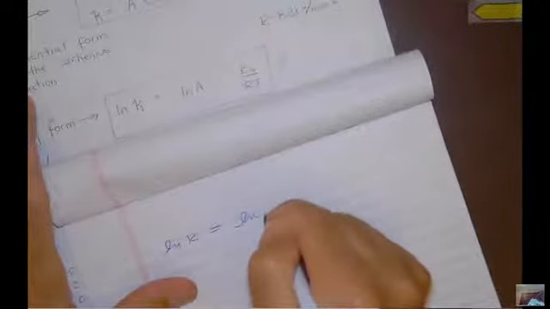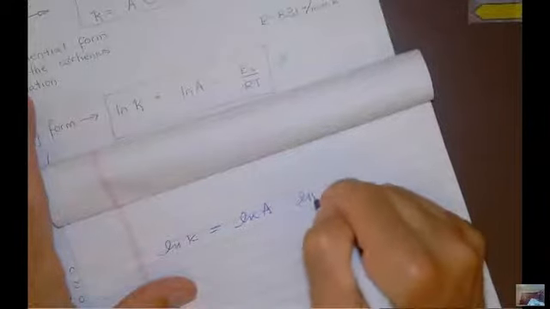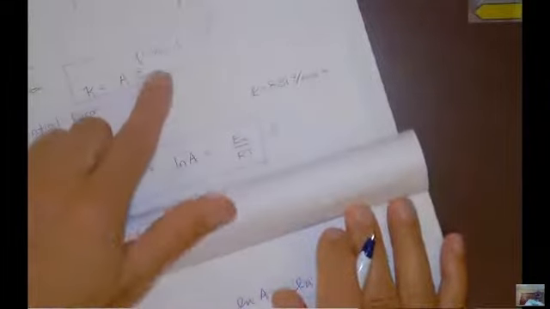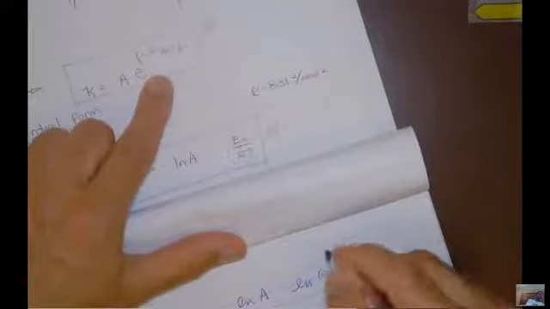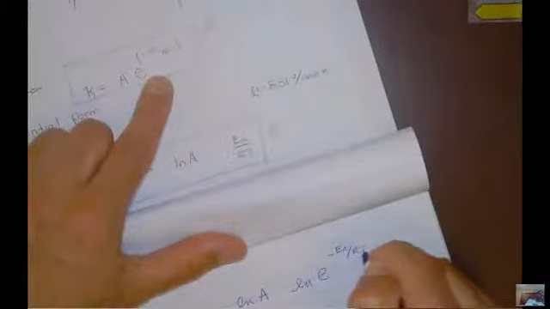So I could do that a teeny bit slower for you. It would be ln of K, right? ln of K is equal to ln of A, right? And then I have ln of E, right? Go back up here. ln of E raised to the minus EA over RT.